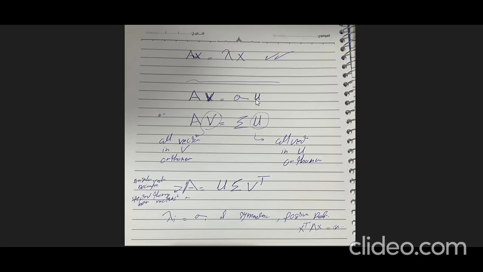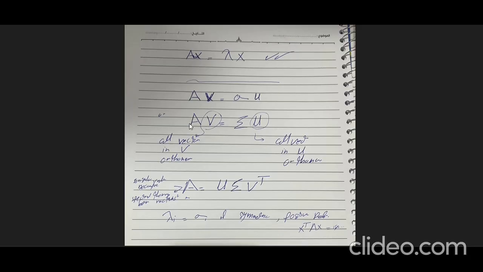What is still preserved is the inner product between the singular vectors before they are multiplied by A and the singular vectors after they are multiplied. They are orthonormal before their multiplication, and they stay orthonormal after their multiplication.